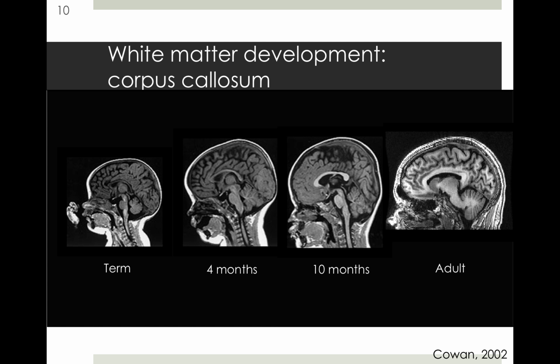And so by the time you're an adult, you can really see these sulci and gyri that are quite clearly differentiated. And I think it's a really nice snapshot of how the white matter is relatively late developing in life.